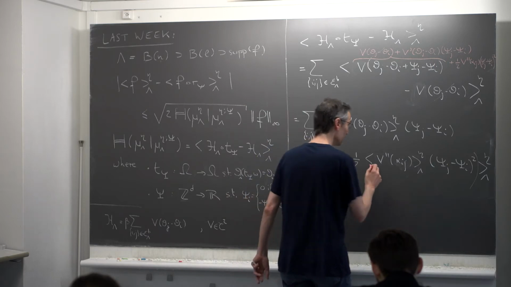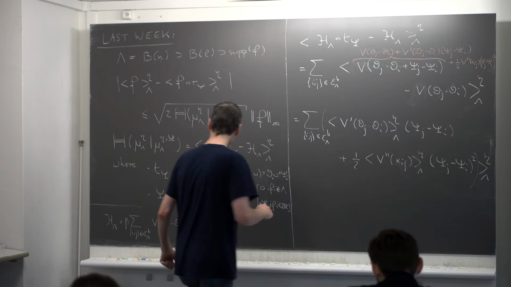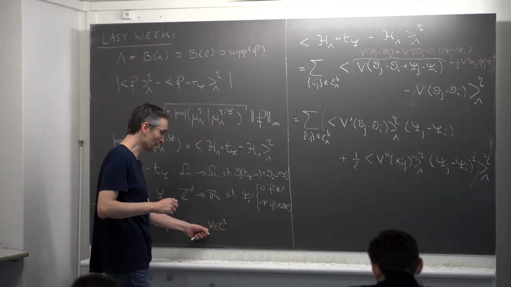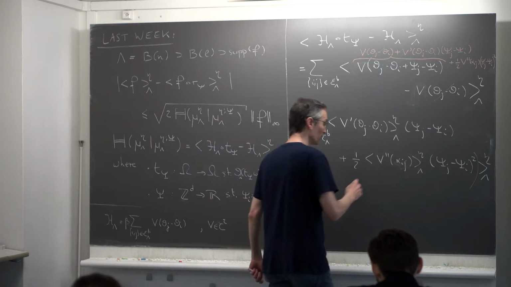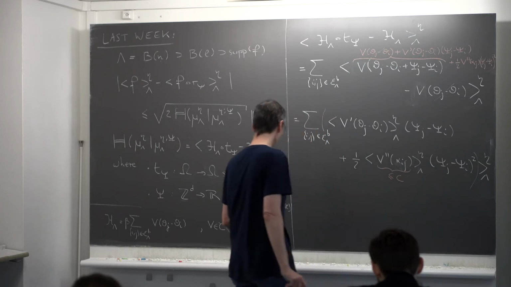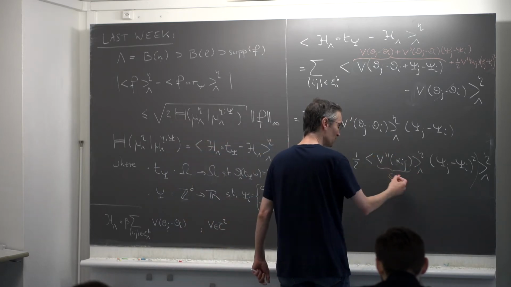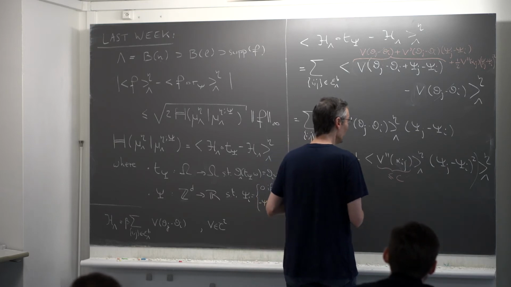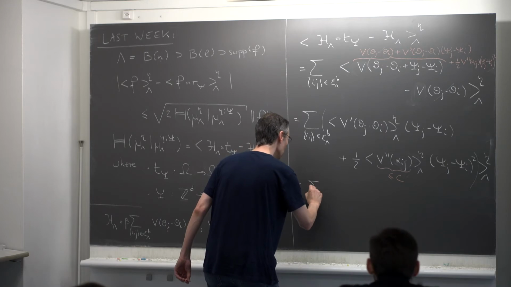And now the observation is the same as we did in the heuristic argument. The assumption is that V is C2, it's a function defined on the circle, which is a compact set, so the second derivative is bounded. So this guy is smaller than a constant C by the assumption that it's C2. So the whole expectation here is smaller than C. So what you get in the end is a sum of two terms.